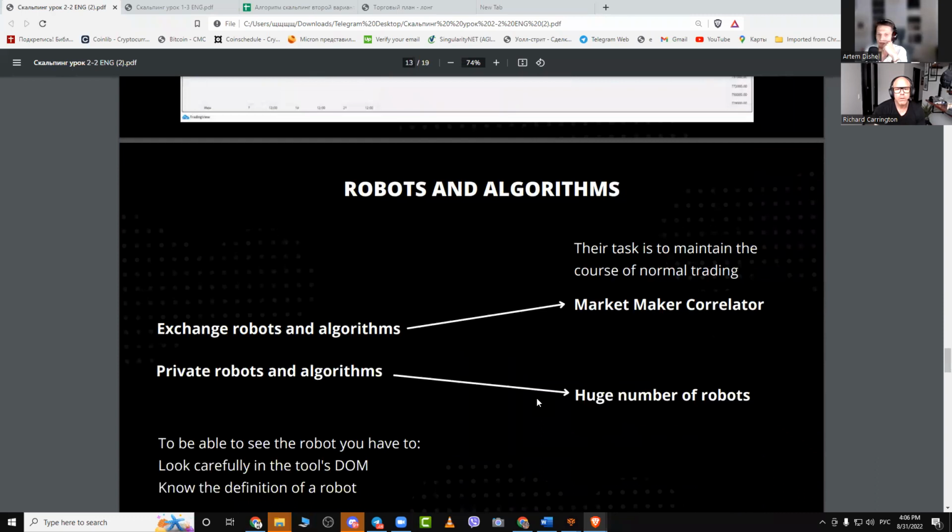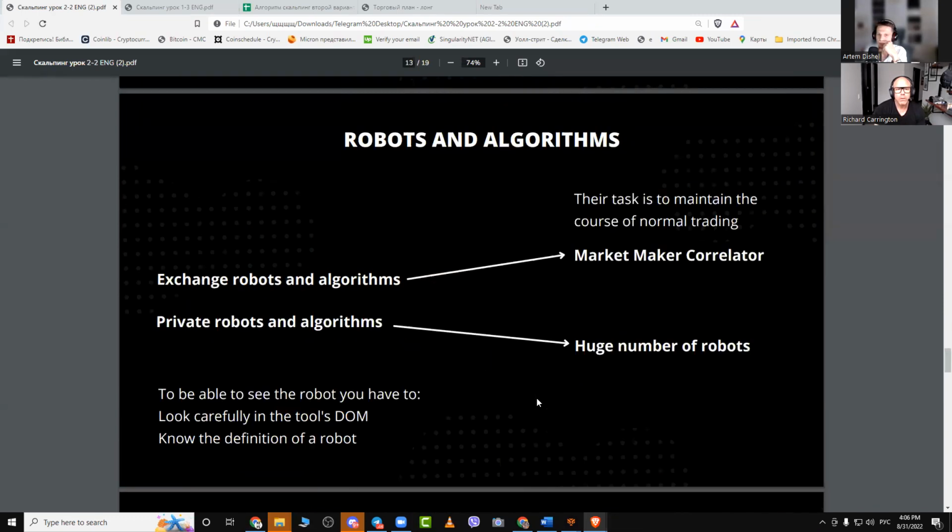Robots and algorithmics. The exchange has robots and algorithmics, and private robots and algorithmics. Private robots and algorithmics are a huge number of robots, because you use a custom indicator.